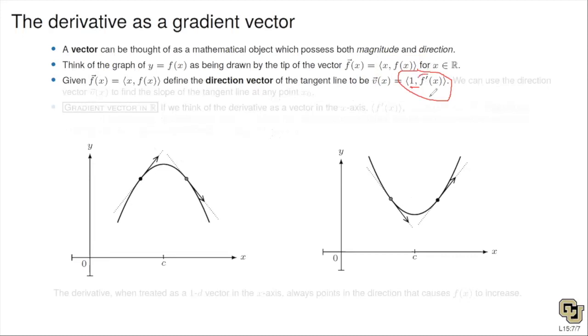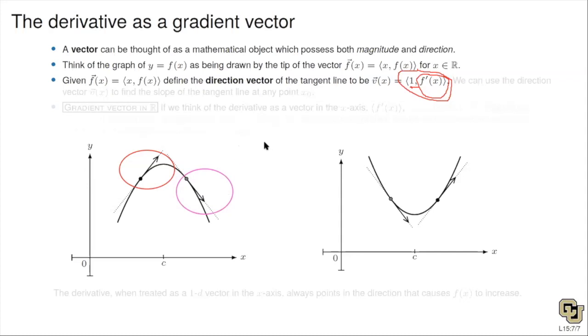If f prime of x is positive, the vector will point up. Here, where the function is increasing, you can see the direction vector of the tangent line is pointing up. And of course, f prime of x is the slope. Whenever f prime of x is negative, my direction vector of the tangent line will point down. It'll point to the right because the x coordinate is always 1, and then it'll point up or down depending on if f prime is positive or negative.